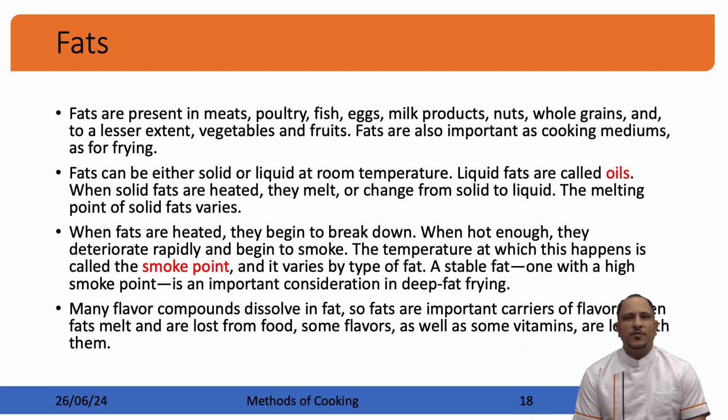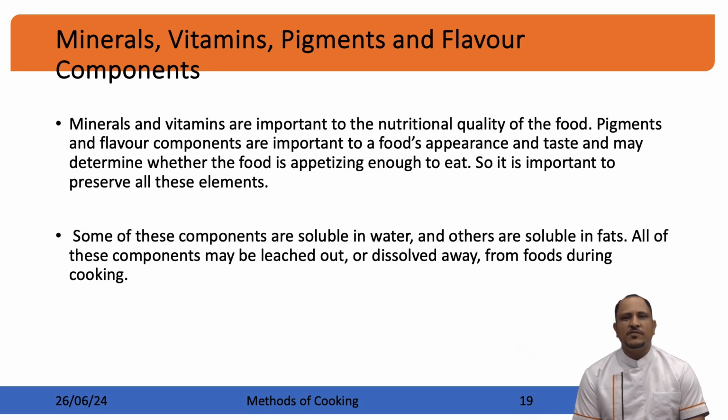Talking about the next component, we are keeping together minerals, vitamins, pigments and flavors of the food. These are present in very small amounts in food, but they are very critical and required for the human body. Most minerals and vitamins get lost when they are water soluble and you are not keeping the cooking liquid.